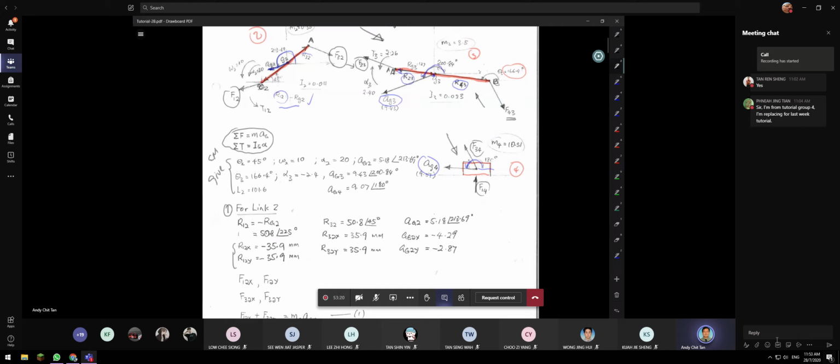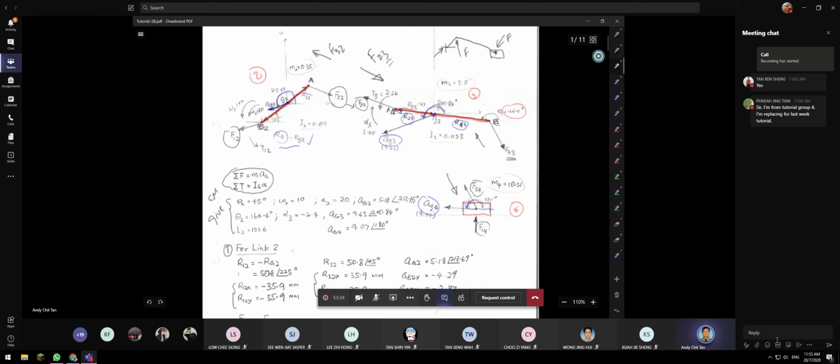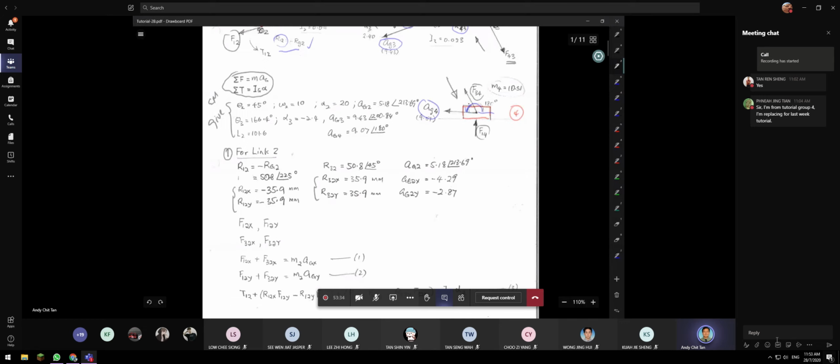Same thing for R32. R32 is the radius. Can you see the radius of 32 here? So we resolve into x and y axis.